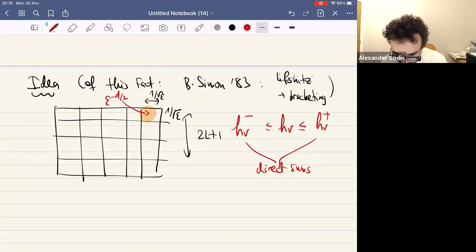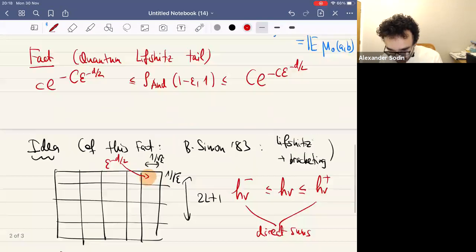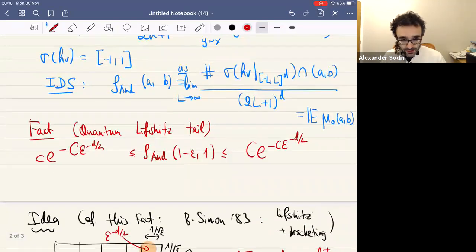Then how does the lower bound, for example, appear? We look at this definition of the density of states. There is a certain probability that all the potential in our box will be +1 and not -1. This is an event of exponentially small probability, but it does happen.